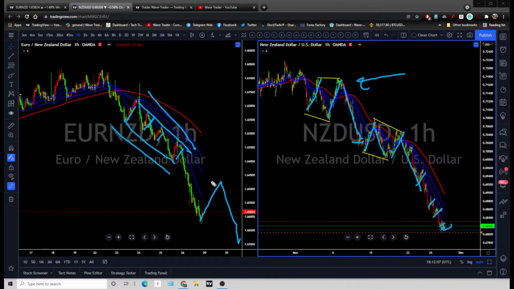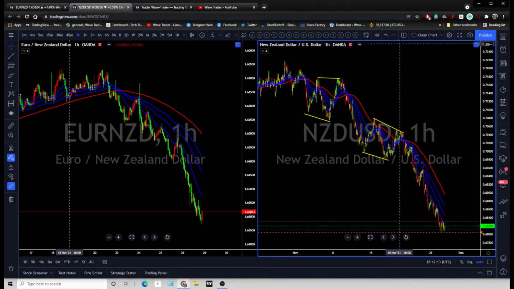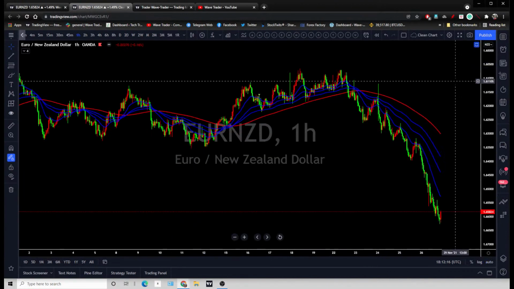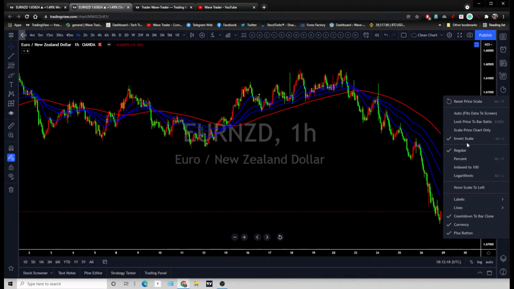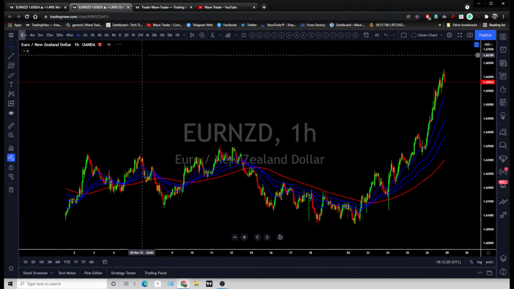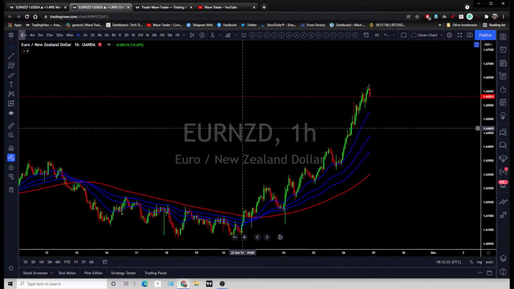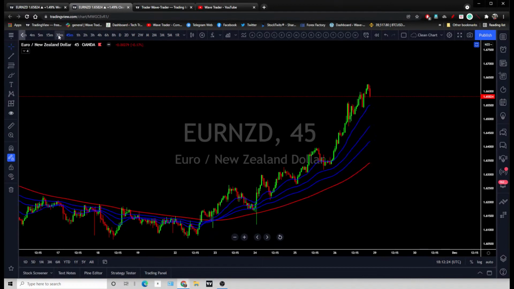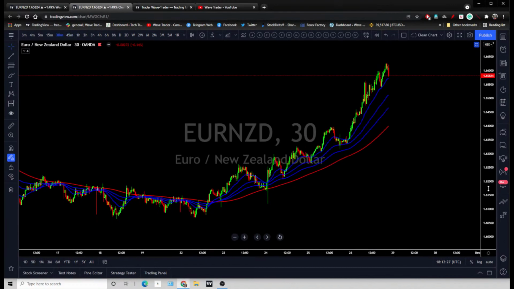It tested that low, but any pullback we see over there on the New Zealand dollar is going to be the opportunity for you to catch. Let me draw some trend lines.